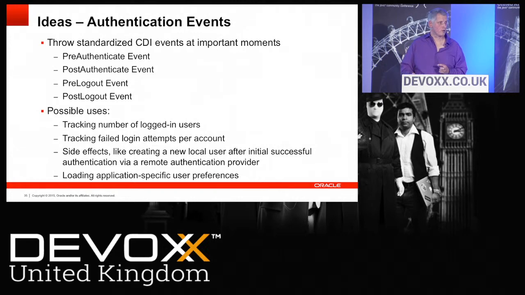Maybe you want to track failed login attempts. Maybe you want to have a side effect where, with a remote login authentication, you create a local user that mimics the one that's out remotely. Perhaps you want to load application-specific user preferences based on a login event. So this gives you some possibilities for interacting with the authentication mechanism, and reacting in whatever way your app might want.